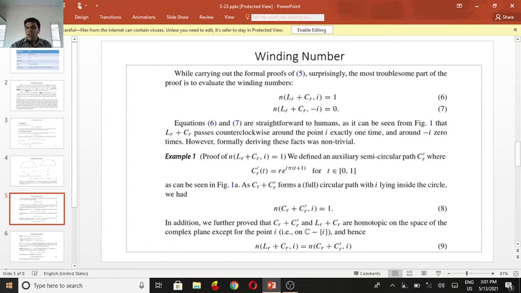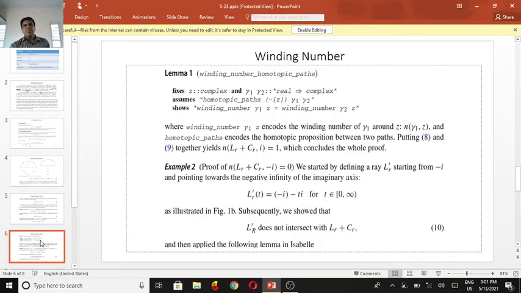That is to say, if we take a closed path C that omits i, then n times of LR plus CR, comma i, equals n times of CR plus CR dash, comma i. So the linear plus circular path winding number around i equals that of the circular plus circular dash path, equal to 1.